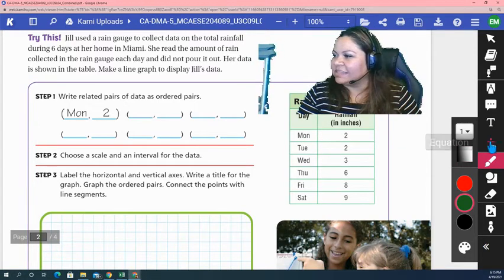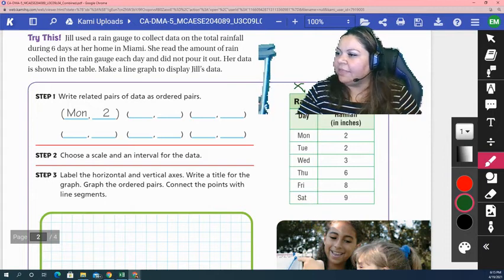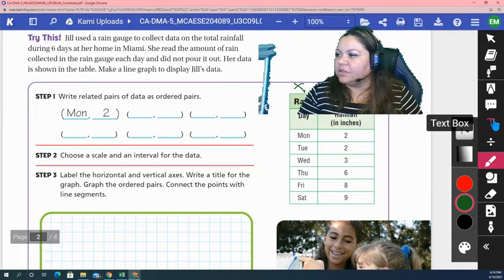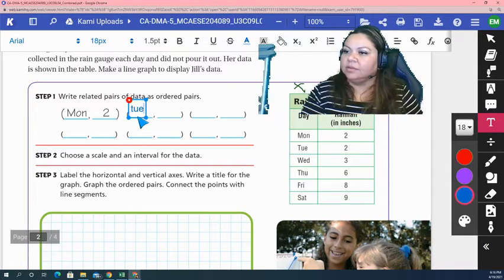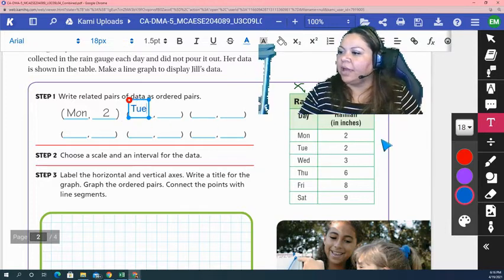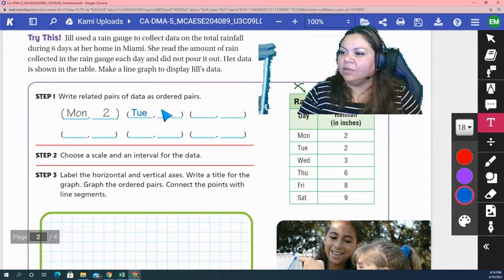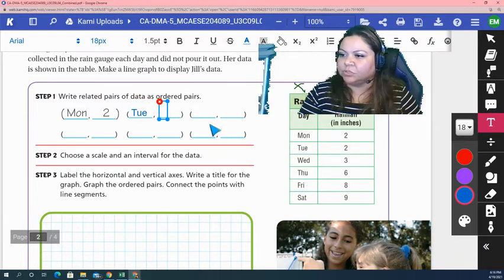So our x-axis in this case will be the first column, for the days, and the y-axis will be the second column, which is the rainfall in inches. So here the first one has been written for us. We have Monday, okay, we have 2. Then on Tuesday, we're going to write just the abbreviation. Tuesday, we have 2.